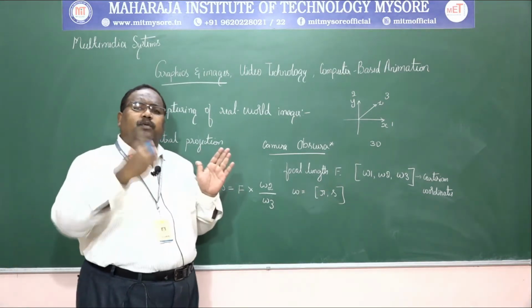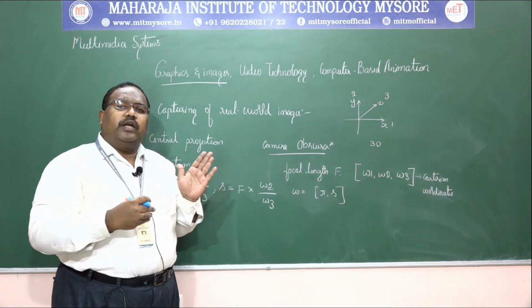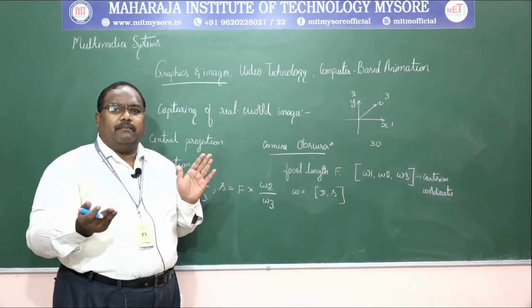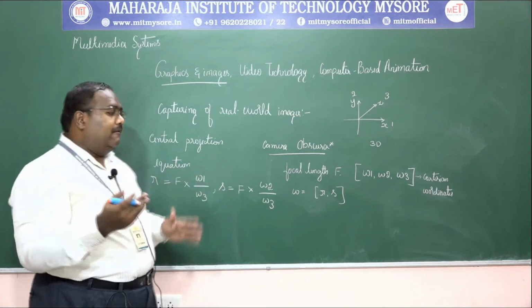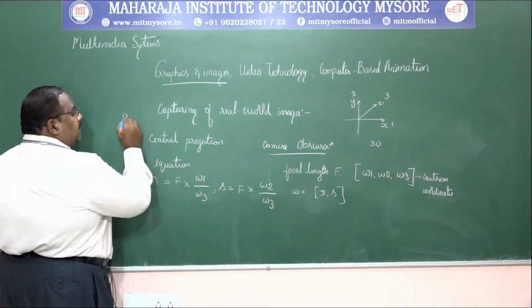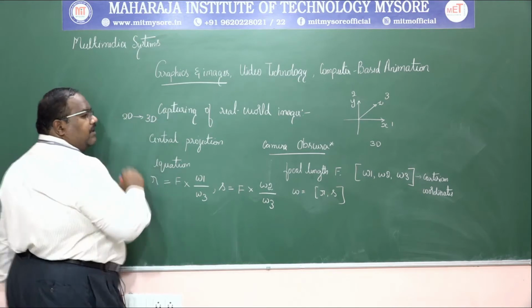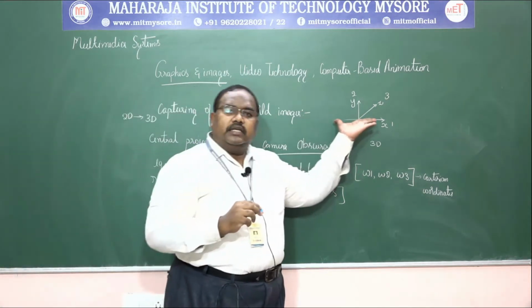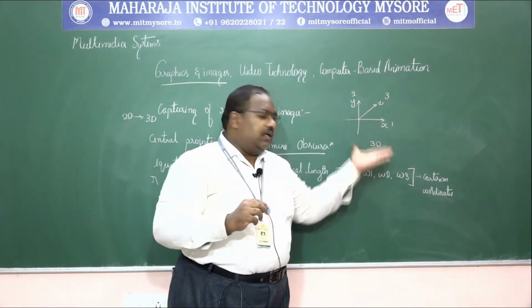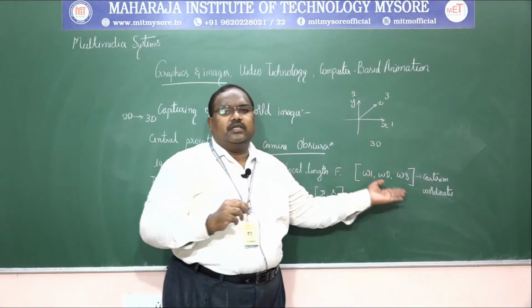When we want to do this projection, we need to do it in a real time parameter. So when you do it in real time, the 2D has to be projected in the 3 dimension. That's why we consider the third coordination vector with respect to the Cartesian coordinate.